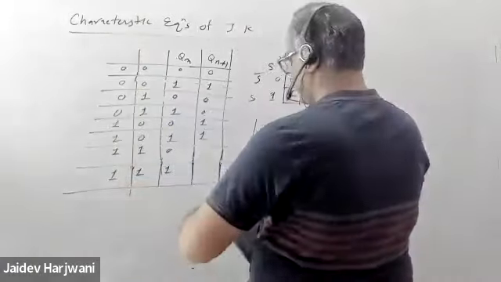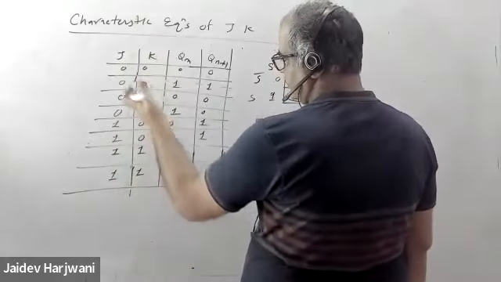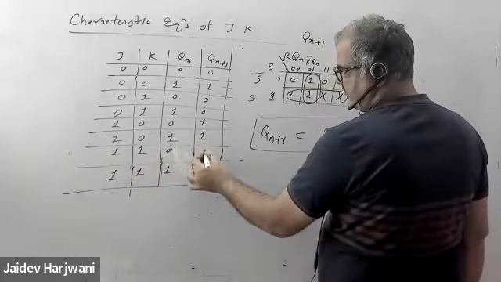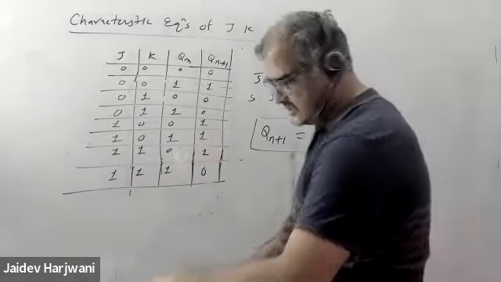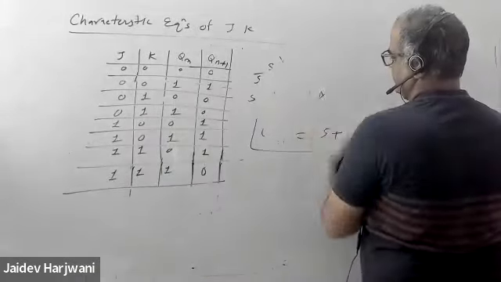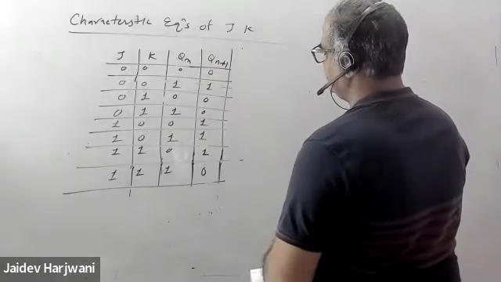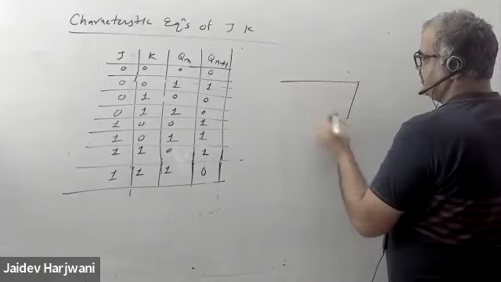So if this is now your J and this is your K, all is same, only it has a toggle state. If 0 comes it becomes 1, if 1 comes it becomes 0, for 1 1. Everything else is the same. So now you can plot the characteristic equation for this JK flip-flop. So you have this J.